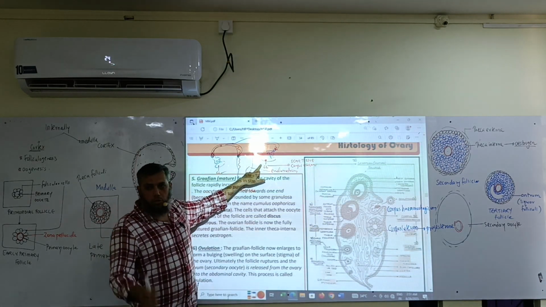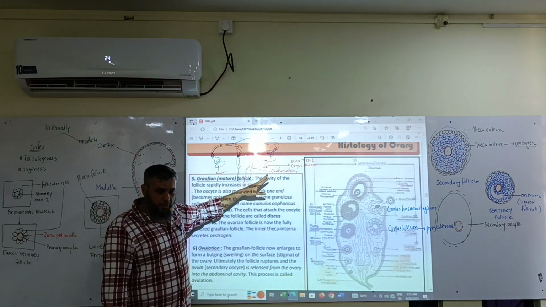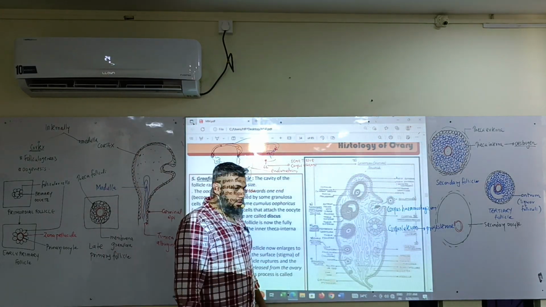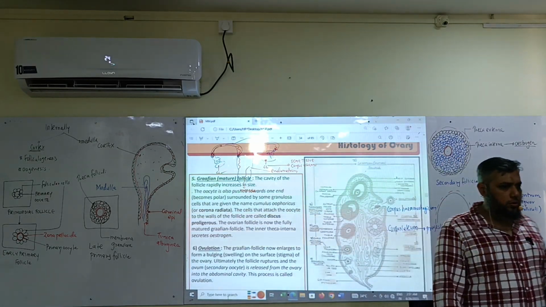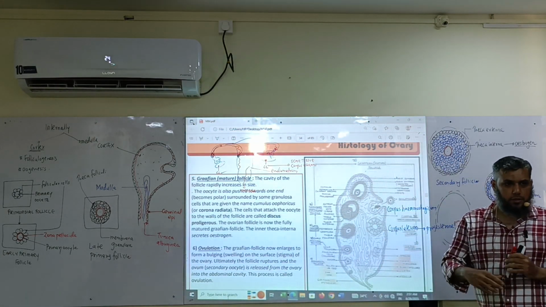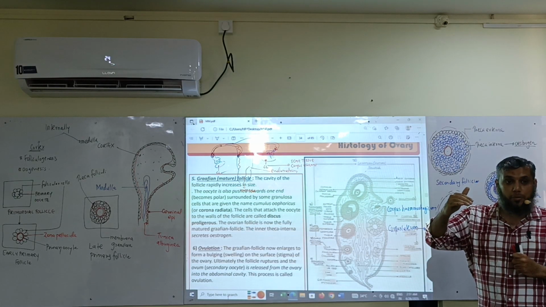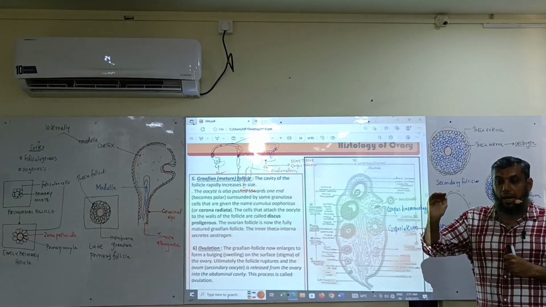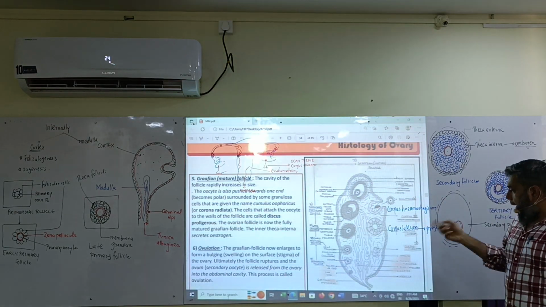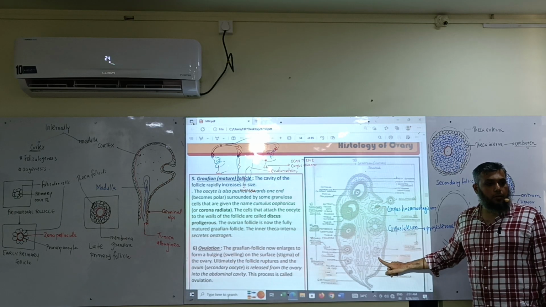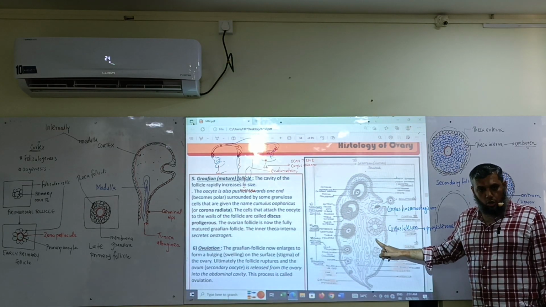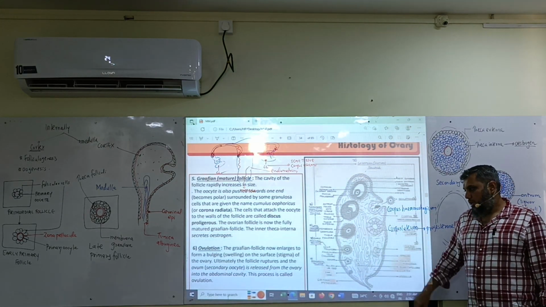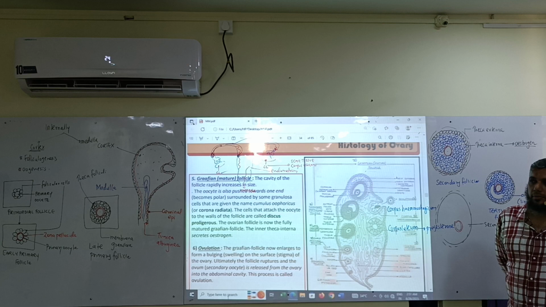Ulta, no fertilization, corpus luteum dead to form corpus albicans, endometrium breaks, menses start. I think so it's easy. So what do we have? Early primordial follicle, late primordial follicle, secondary follicle, tertiary follicle, Graafian follicle, corpus hemorrhagicum, corpus luteum, and corpus albicans. So the corpus luteum will be dead and the dead white scar tissue is called as the corpus albicans.